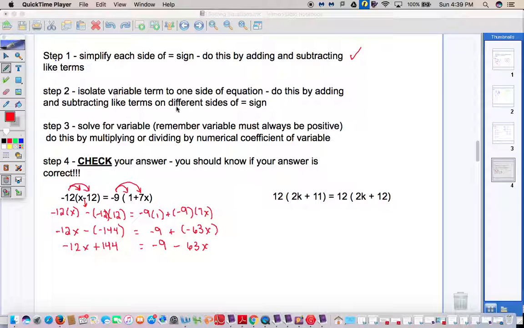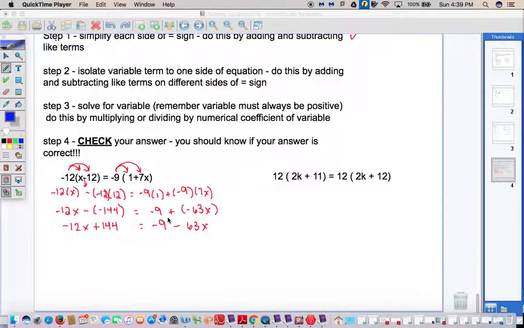And now we need to isolate our variable term to one side of our equation. And we do this by adding and subtracting like terms on different sides of the equal sign. So we're going to do the opposite, or the inverse operations here. Let's move this negative 63x from the right side to the left side. And when we move something from one side of our equal sign to the other, we use the inverse operation.